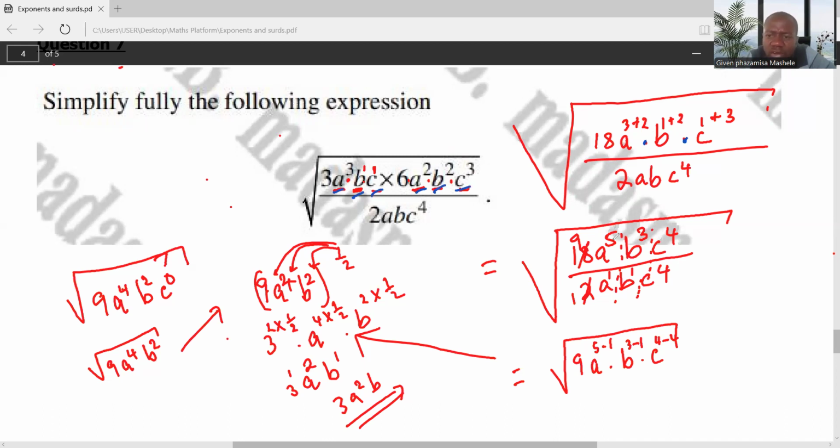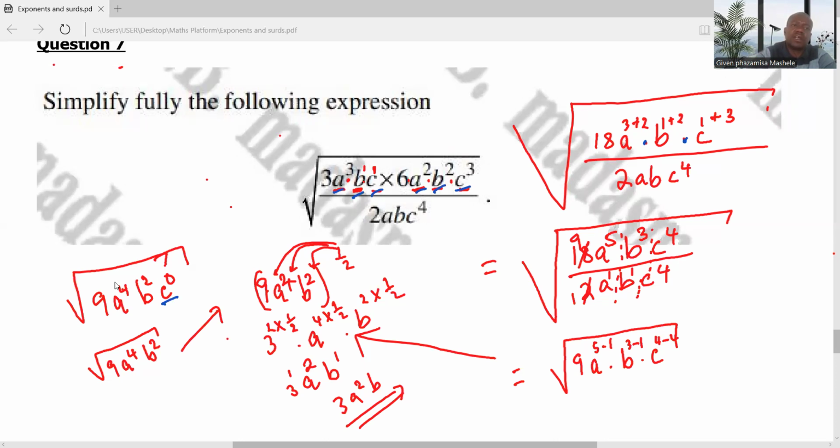Then we use the division law here, looking at the bases that are actually the same. Then from there, we simplify it. And we have seen that any number raised to the power of 0 becomes 1. Okay?